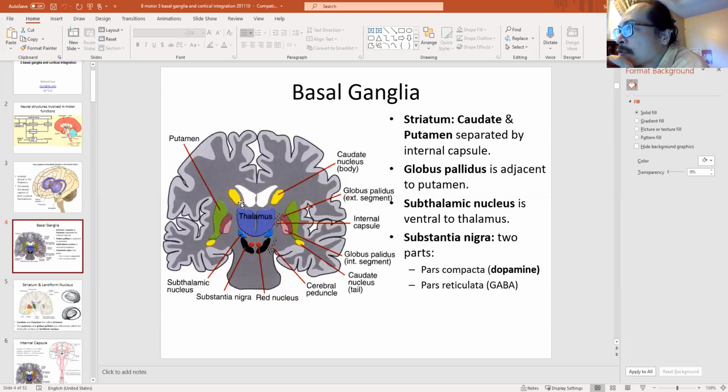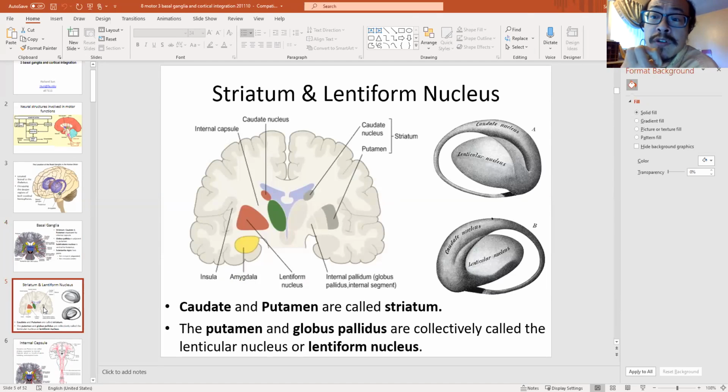So those are several nuclei in the basal ganglia, just showing you the ones we already mentioned.